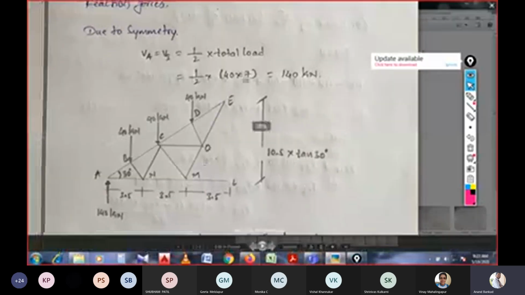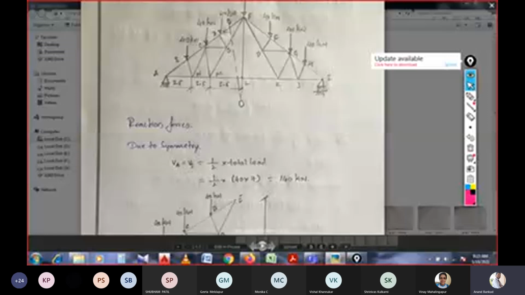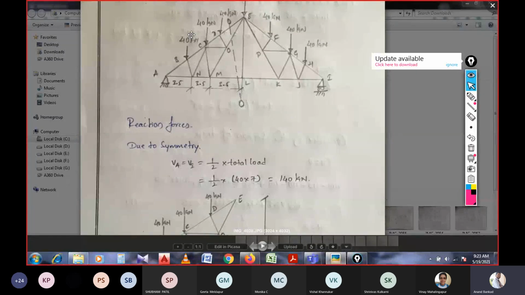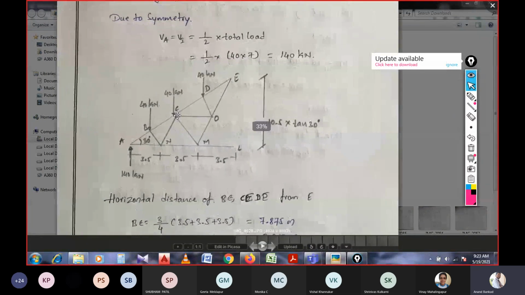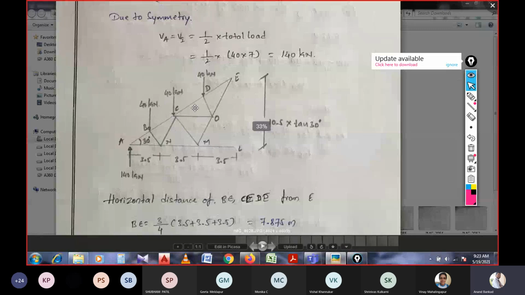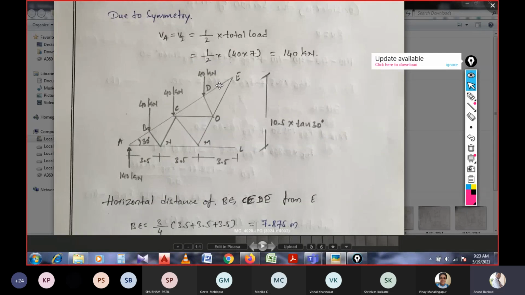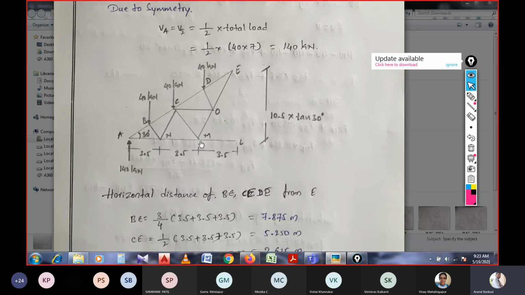Whatever section the question gives is taken over here. This left hand side part is taken for analysis, and that is drawn over here. The section passes through these members, right? So DE, EO and AL or ML, you can say, in this path it is passing, and the left hand side of the truss is shown here.